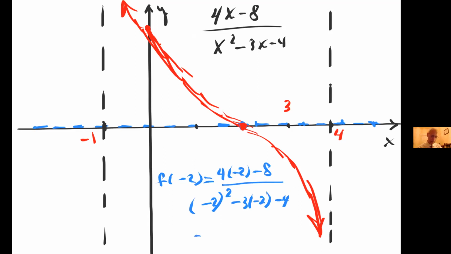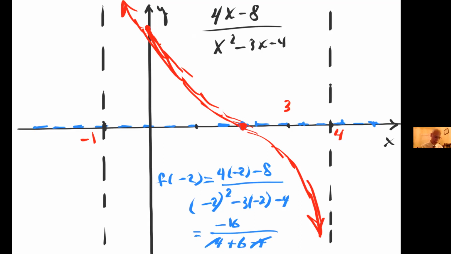And that gives me -16 over +4 plus 6 minus 4. So I have -16 over 6, which is the same as saying -8/3.